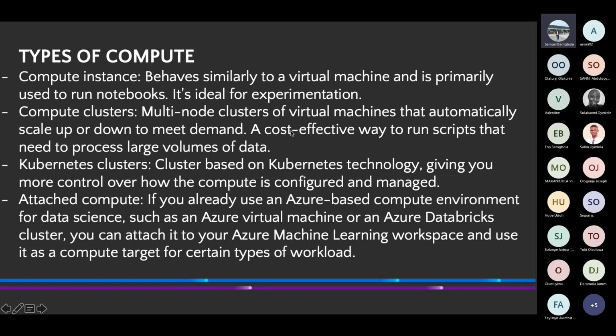So you also have compute clusters, which automatically scale up or down to meet demand. So you can use your compute clusters to run jobs, right? And what job basically refers to is a machine learning job that executes a task specified to a compute target. So what that means is that if you are training a model or you are trying to do a deployment or something, you have to have access to a compute target.